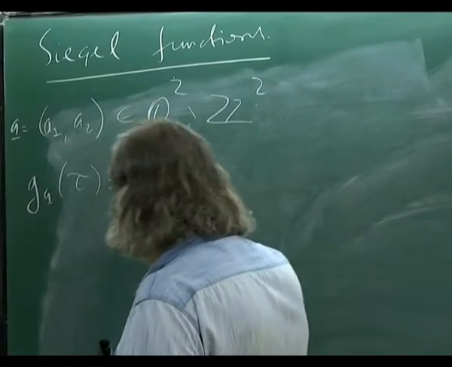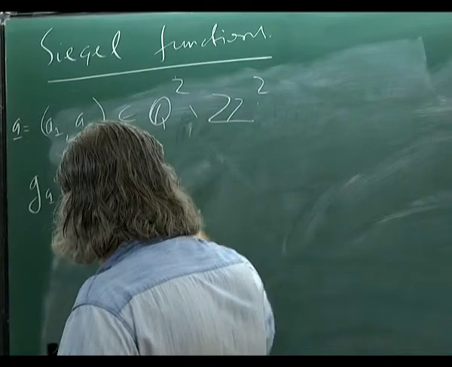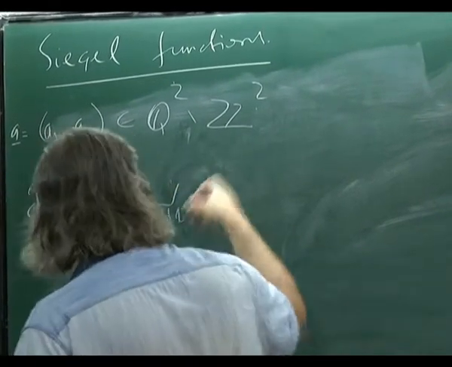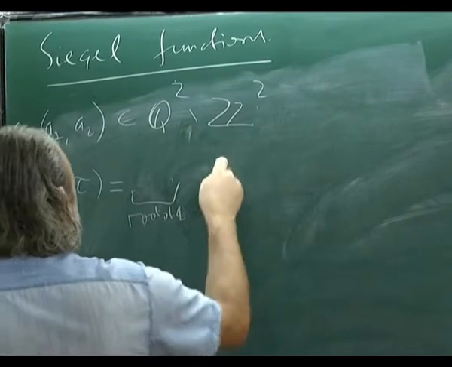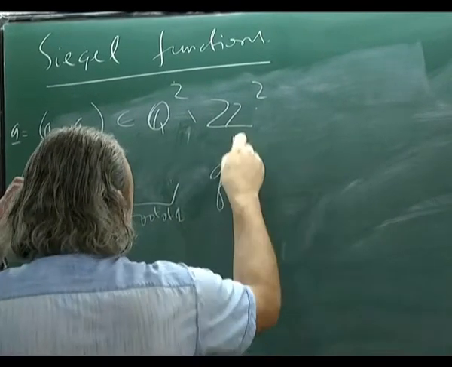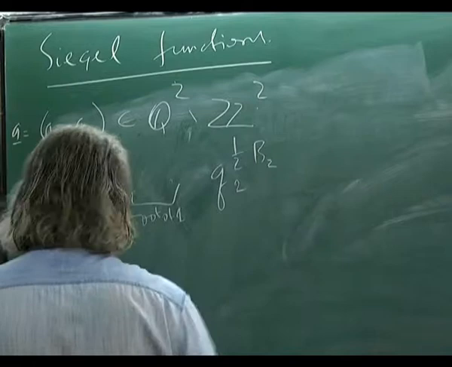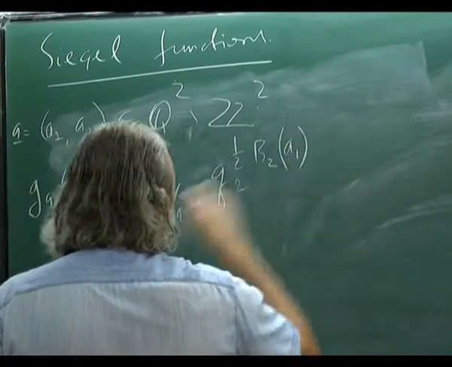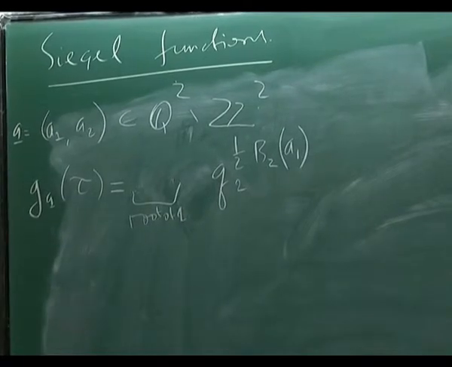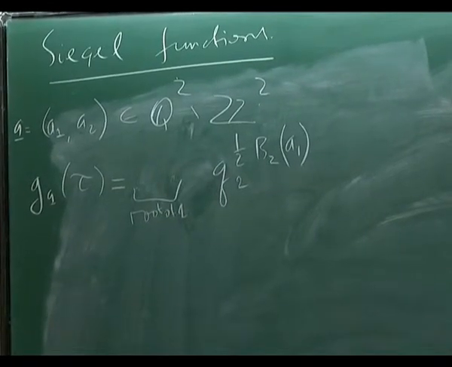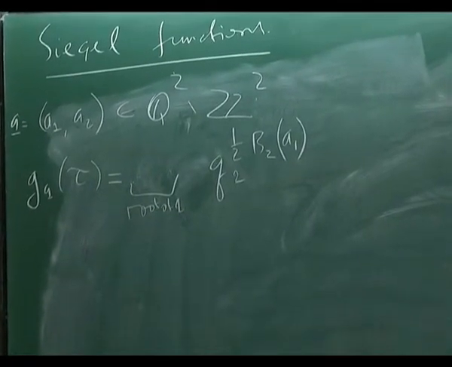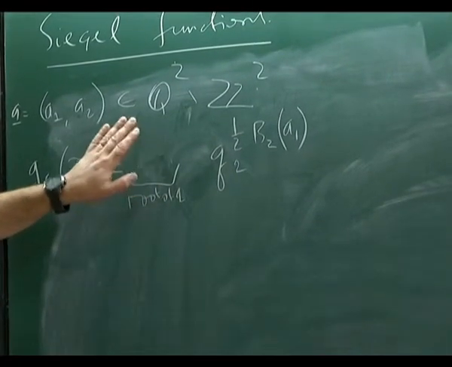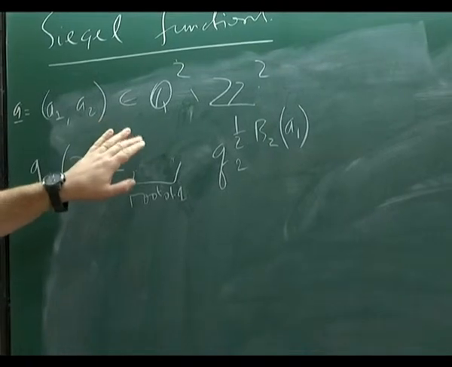Some root of unity here, together with minus some root of unity. And now here we have q to 1/2 of B2 of a1. I will, in the pause, probably look and say which root of unity is here. But it doesn't really matter for application.